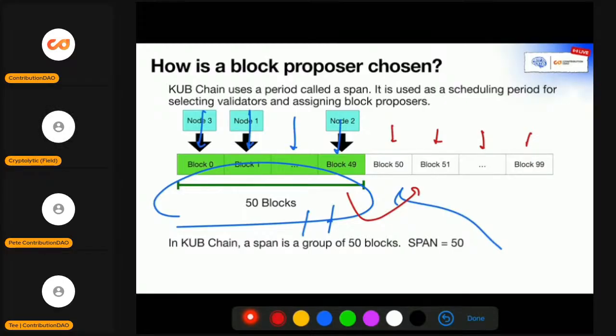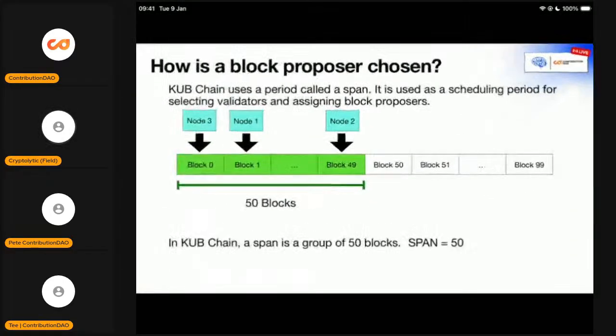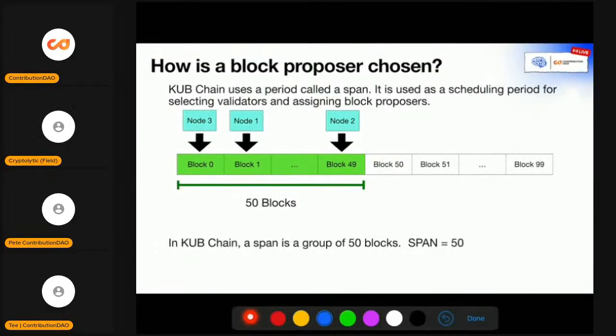The reason is quite simple. If you have three nodes in the network at first, and you assign them from block 0 to block infinity, for example, everybody gets assigned: node 1, node 2, node 3, node 1, node 2, and so on and so forth.